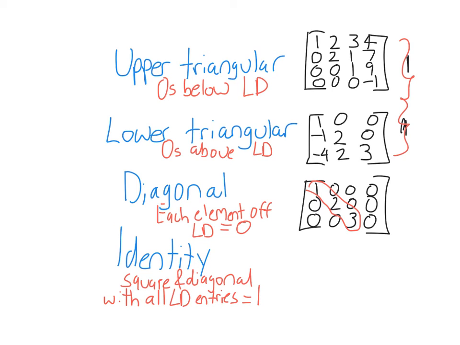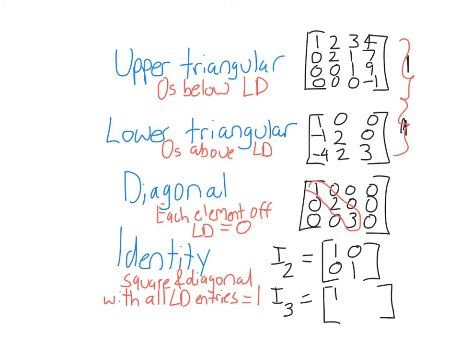So there's a different identity for each whole number. So I1, we don't really look at 1x1 matrices, but I2 is a 2x2 matrix with 1's on the leading diagonal and 0's elsewhere. I3, for example, is a 3x3 square matrix with 1's on the leading diagonal and 0's elsewhere.